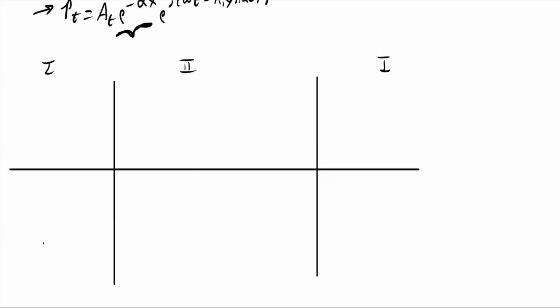Okay, so let's suppose we have our incident wave impinging here at some theta I. This is our incident wave. And let's let theta I be greater than theta critical.